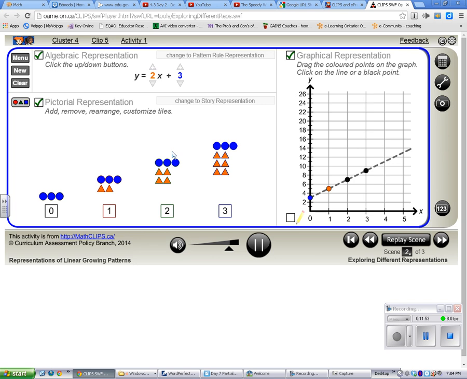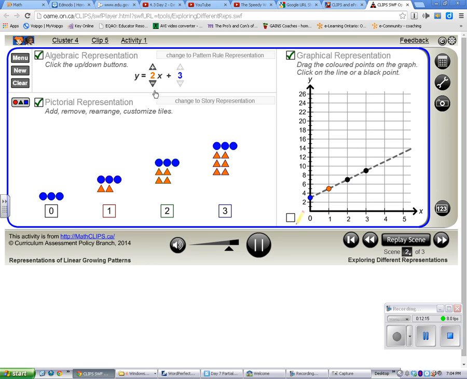So I wonder what will happen if I change the 2 to the value 1. So again, looking at my pattern, I'm going up by 2 every time, so I'm guessing that that will change. Instead of 2 triangles each time, I will add 1 triangle. And I also see that my graph is starting at 3 and goes to 5 and 7, etc.